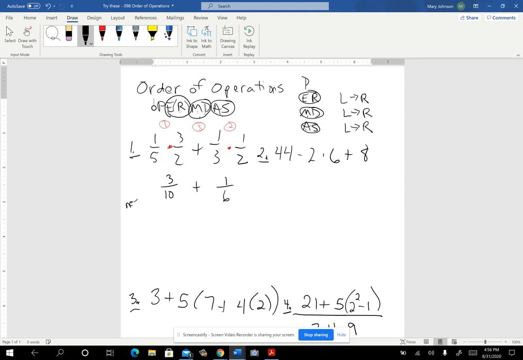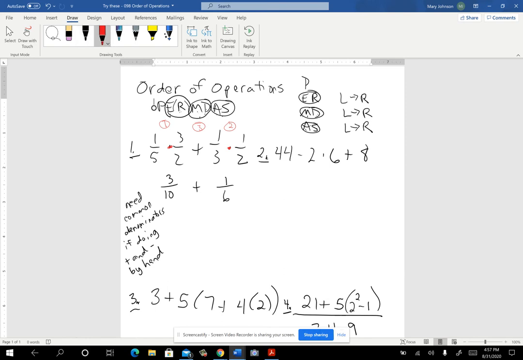So you need common denominators if you're going to do this by hand. I don't really encourage you taking a ton of time though. But adding and subtracting is when you need common denominators. Otherwise, just type in 3 divided by 10 plus 1 divided by 6 and learn to use the fraction to decimal key on your calculator.